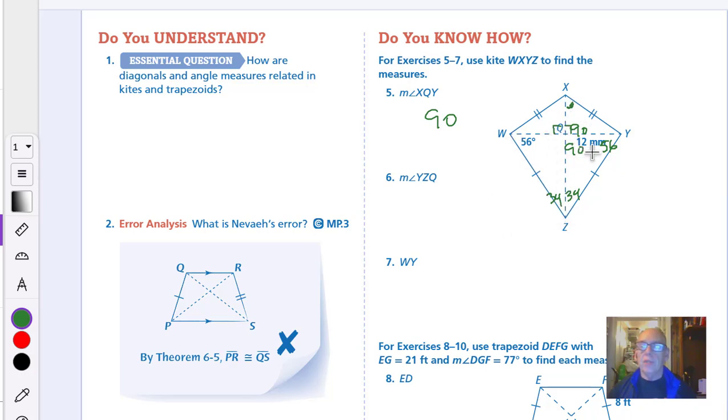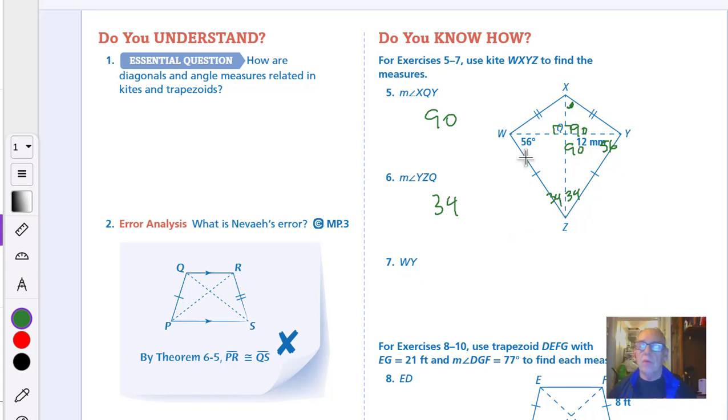What could we do up here at the top? Let's see. This gives us a 68. We want YZQ. Well, here, okay, YZQ we found is 34 degrees.